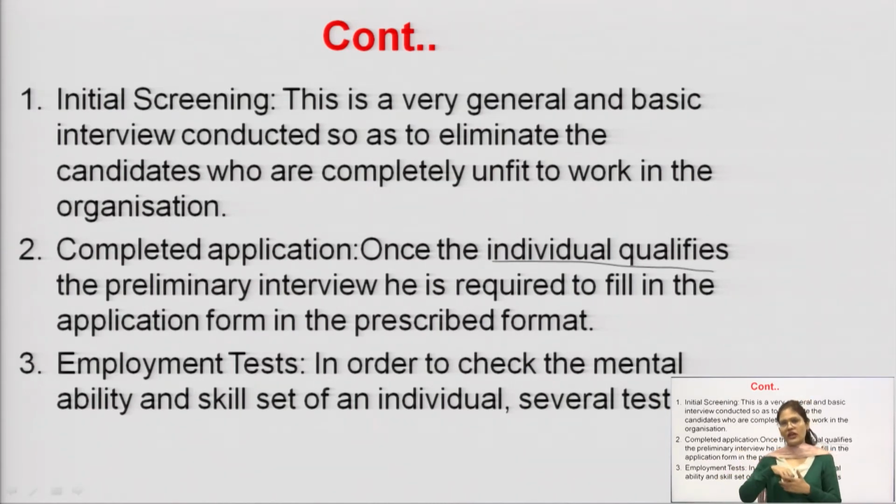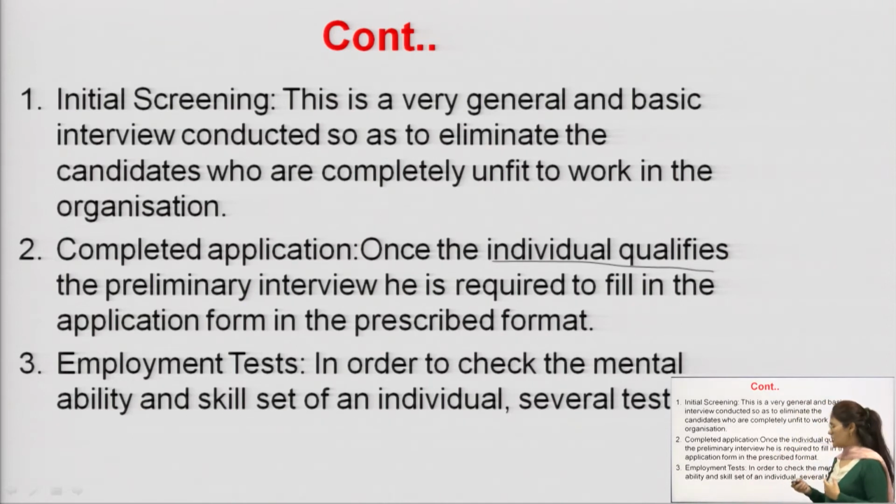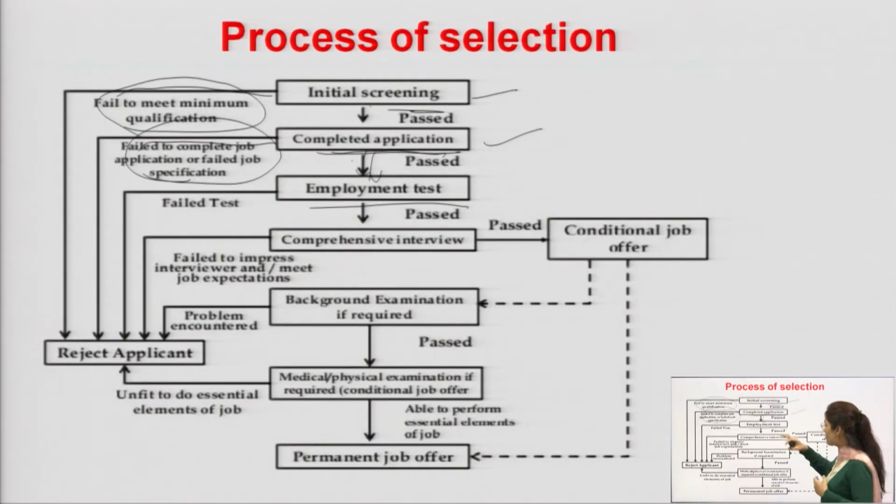Is he fulfilling all the basic educational eligibilities, or the qualification eligibilities, or experience eligibility or not, right? So on the basis of the application shortlisting procedure, they can analyze this thing, right? So if the candidate has passed that particular step, then only he will proceed to the next step, that is the employment test.